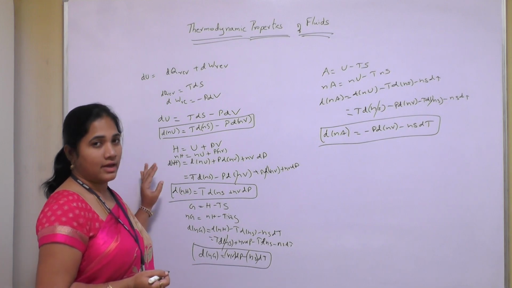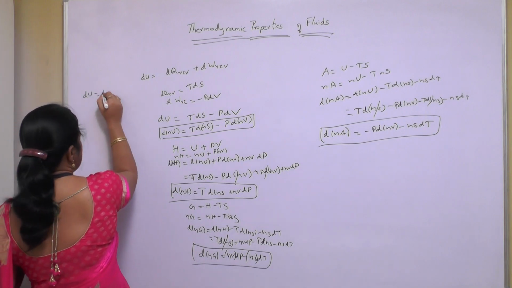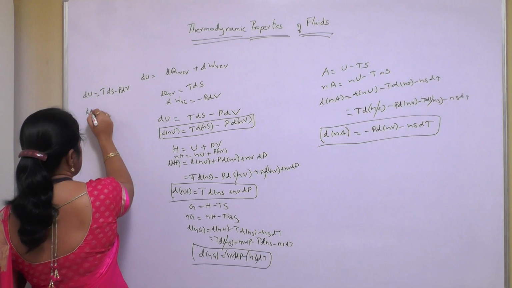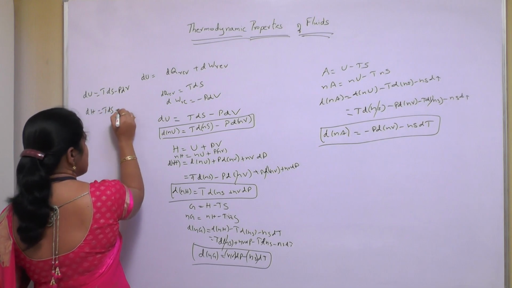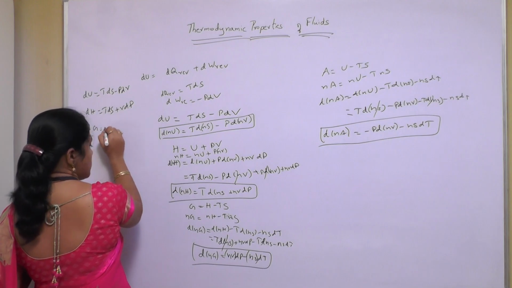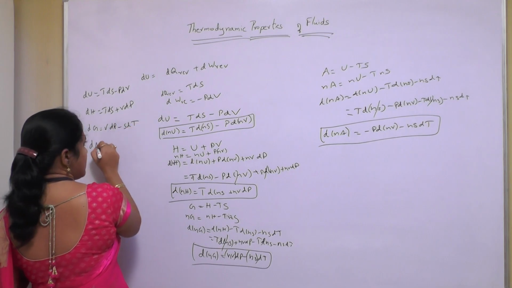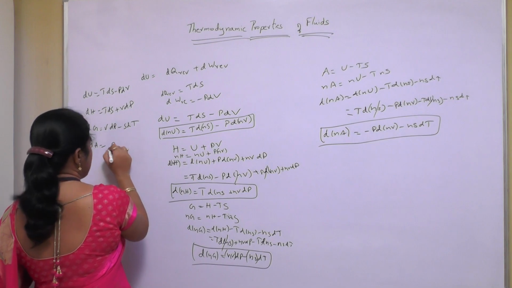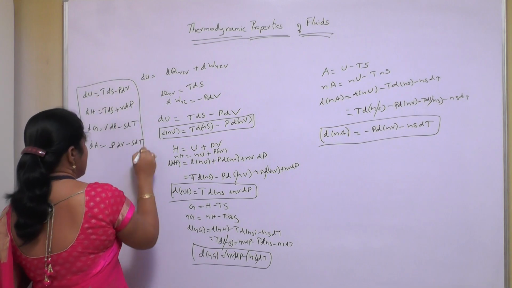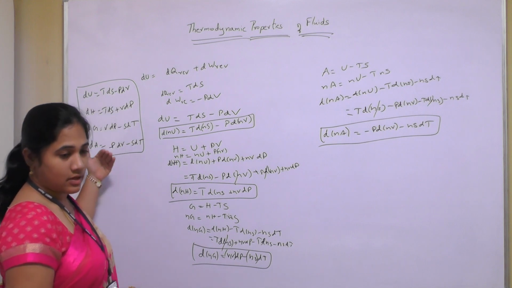If we take n equals 1, then these equations become dU equals TdS minus PdV, dH equals TdS plus VdP, dG equals VdP minus SdT, and dA equals minus PdV minus SdT. These are the fundamental property relations which are used to find the energy properties.